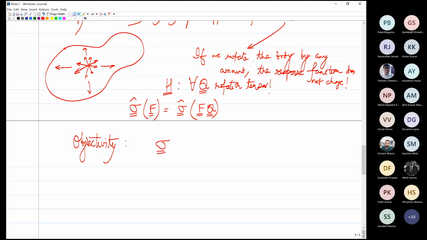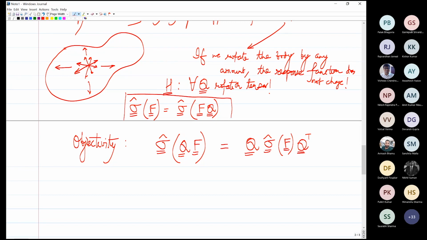So sigma hat of QF is equal to Q times sigma hat of F times Q transpose. This is the outcome of objectivity, the restriction on this stress function. We want to further see what will be the extra restriction due to this symmetry, which says that the response function should also obey this property.